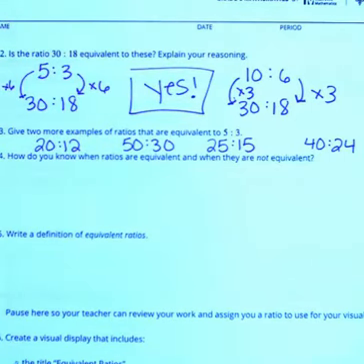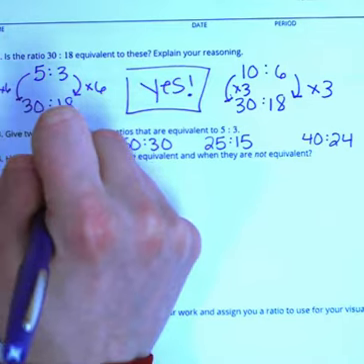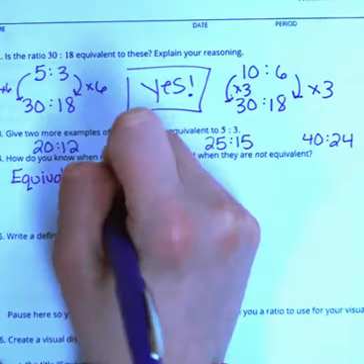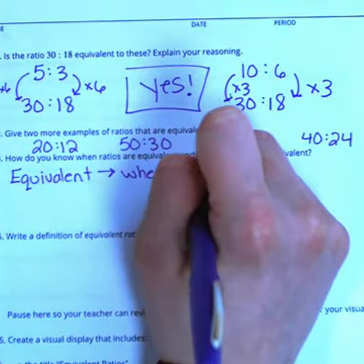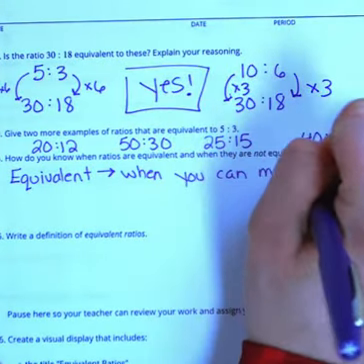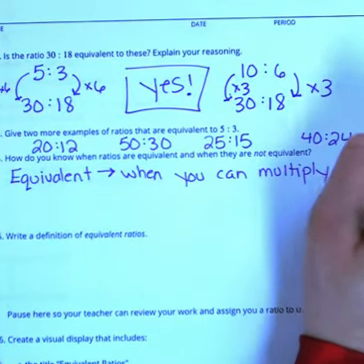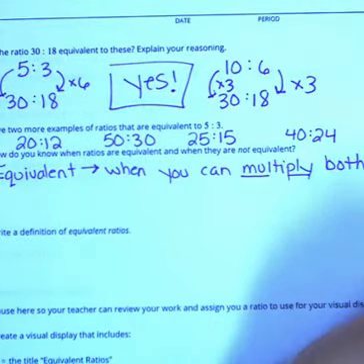Okay, number 4. How do you know when ratios are equivalent and when they are not equivalent? Okay, they are equivalent when you can multiply both parts, keyword multiply. We're not talking about adding, subtracting.